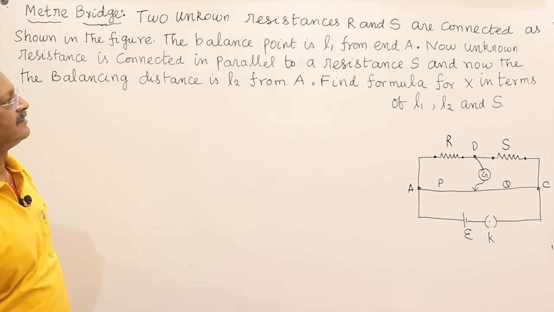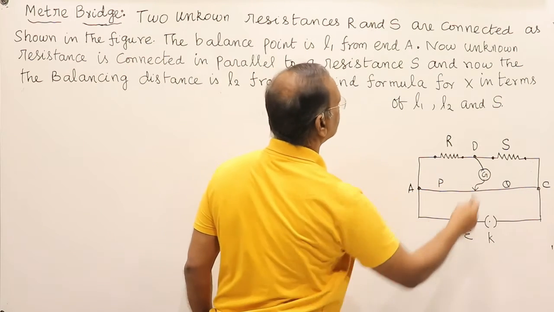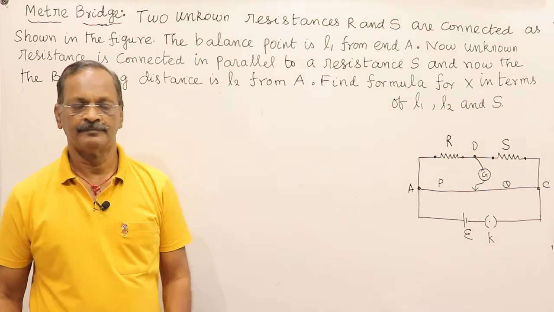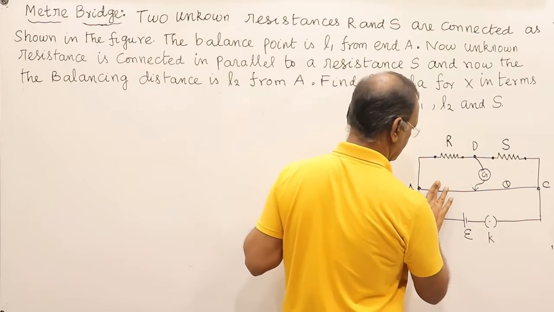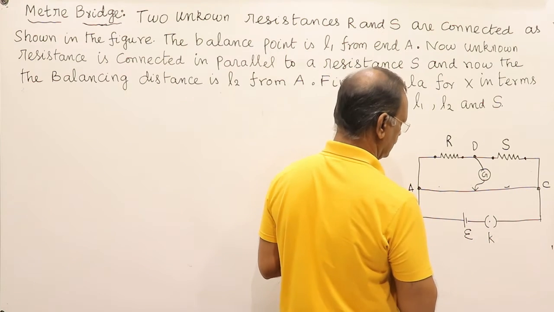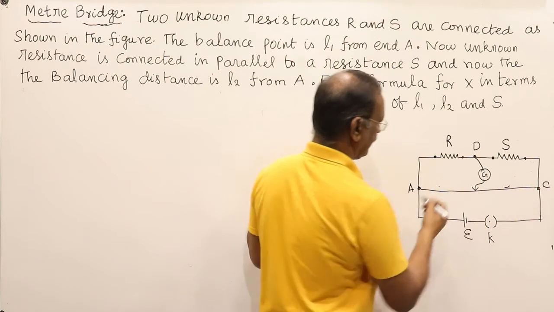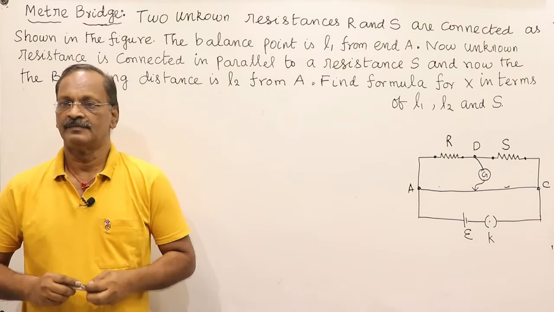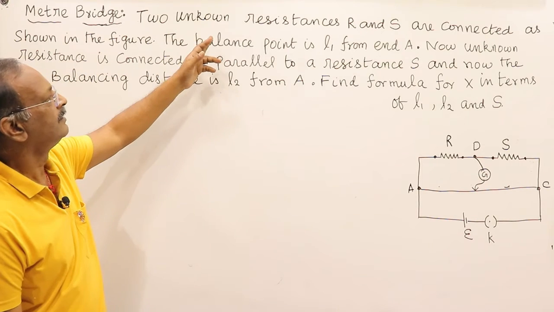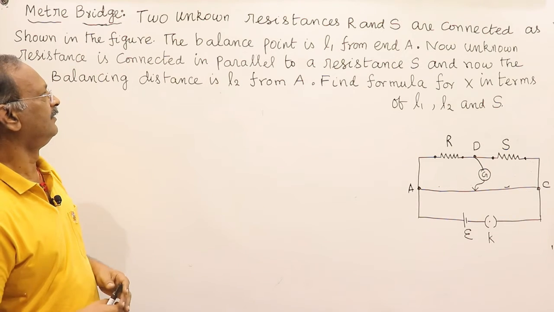Two unknown resistances R and S are connected as shown in the figure.